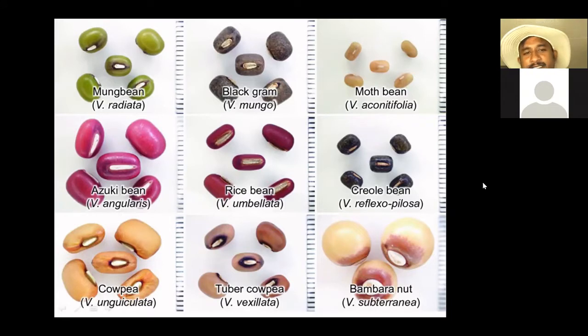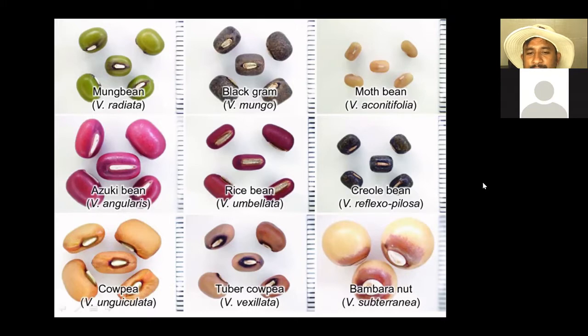And there is another species, azuki bean. This is Vigna angularis. It is a little bit bolder than both black gram and green gram. Another species is Vigna unguiculata, cowpea. Almost all people have consumed this cowpea. It is used as a vegetable in most parts of India.